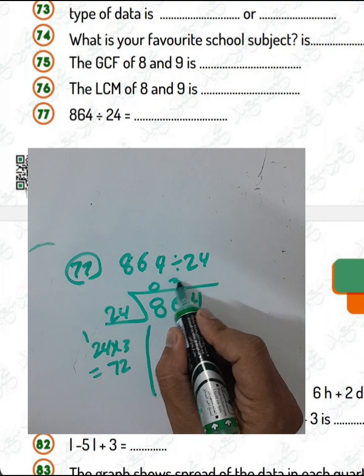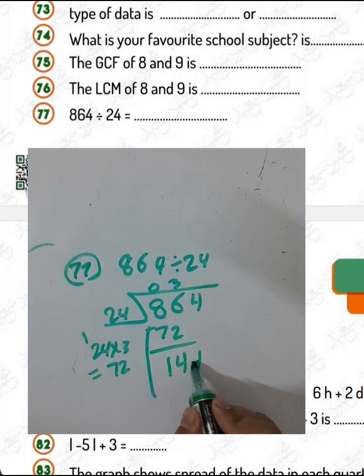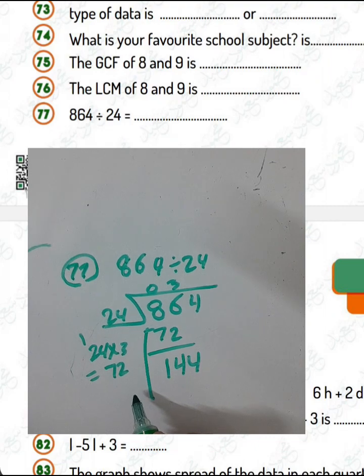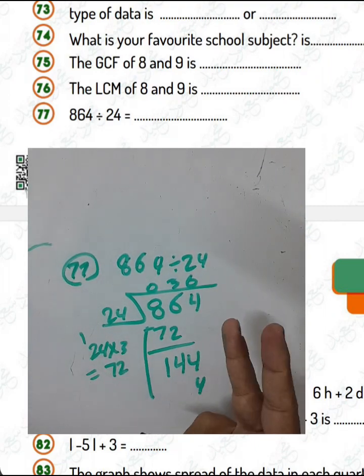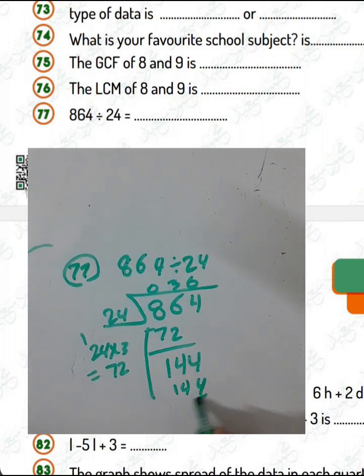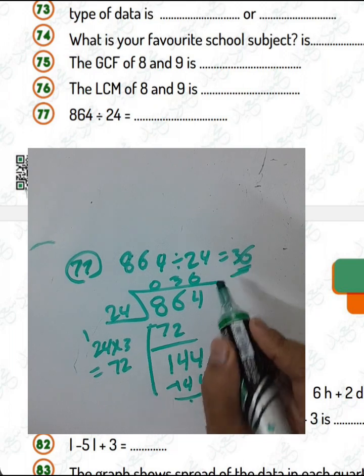Then write 3 here, and 72. Find the difference: 6 minus 2 is 4, and 1, 4. Next will be 6. 4 times 6 is 24, write 4 and carry 2. 2 times 6 is 12 plus 2 equals 14. Then the result here will be 36, the quotient.